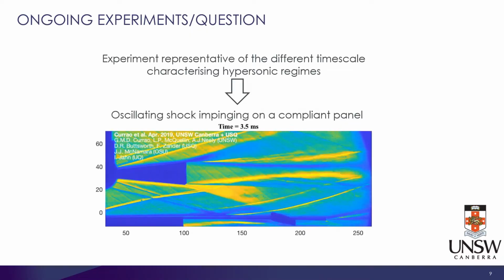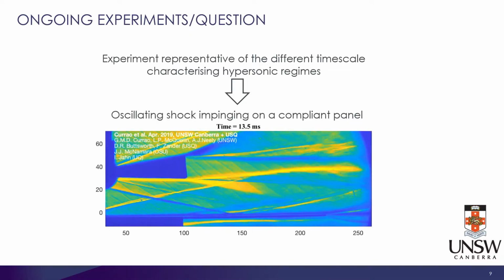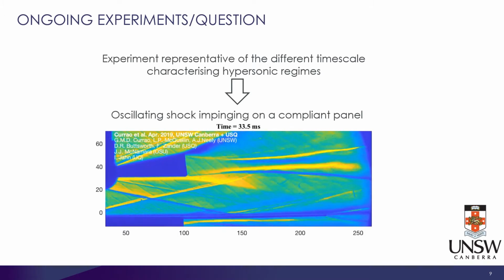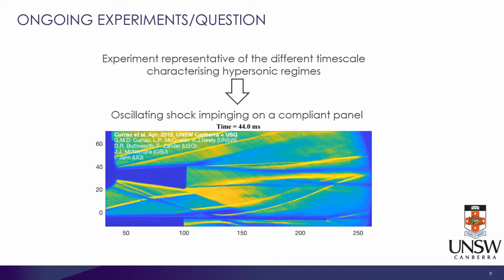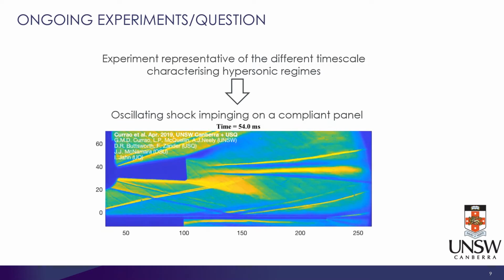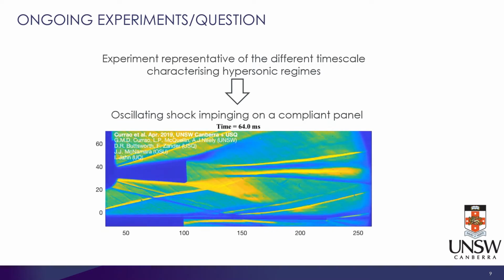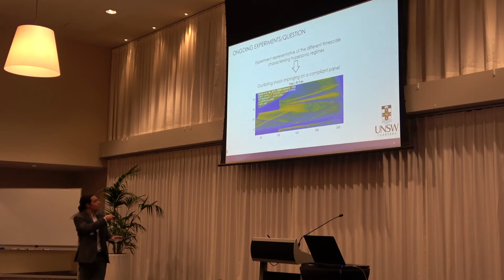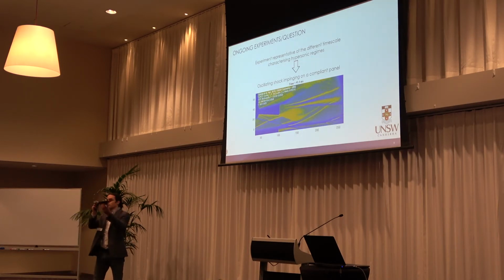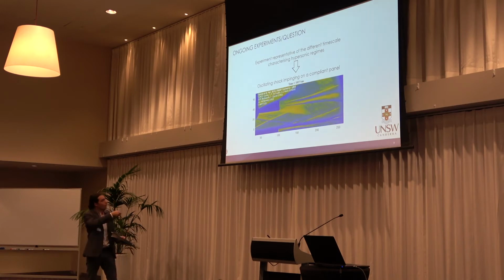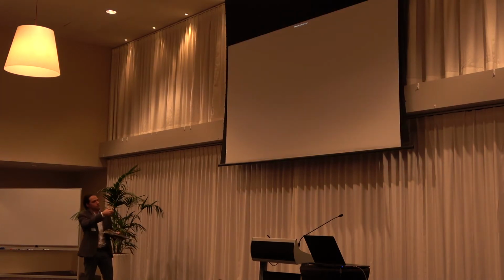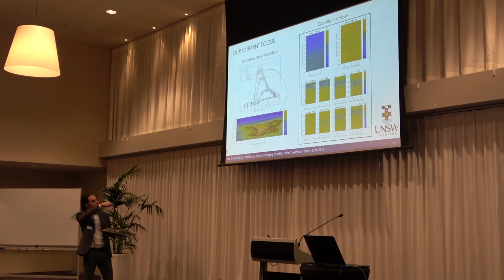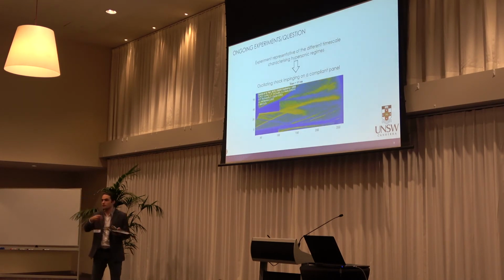I have limited time today, so what I want to tell you is that at the moment we are also doing experiments where we have different elements moving, to characterize different time scales representing the vehicle. For example, this wedge could be representative of the vehicle changing altitude and inclination, while the plate underneath could be representative of the structural deformation taking place within the vehicle.